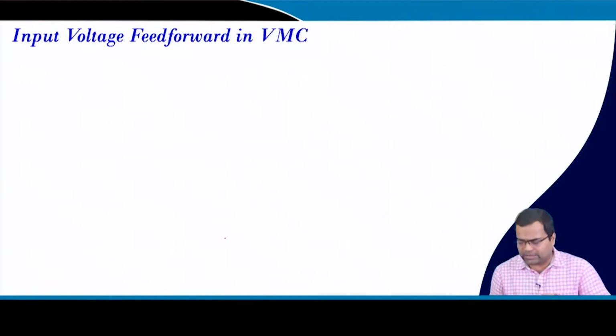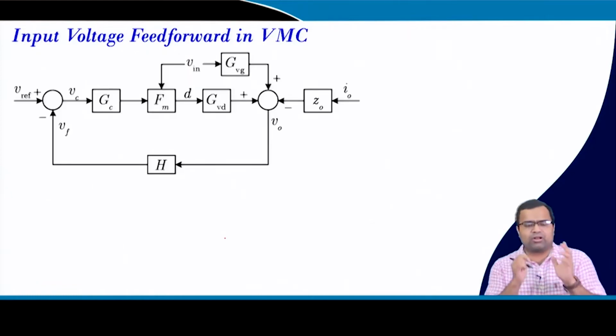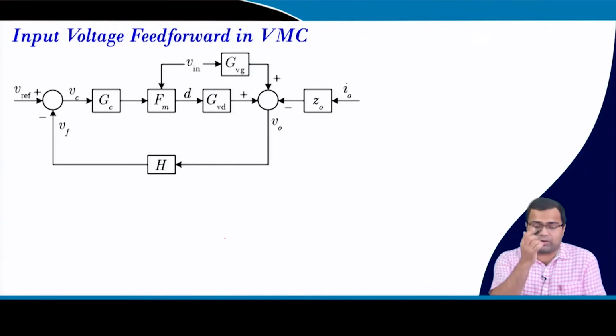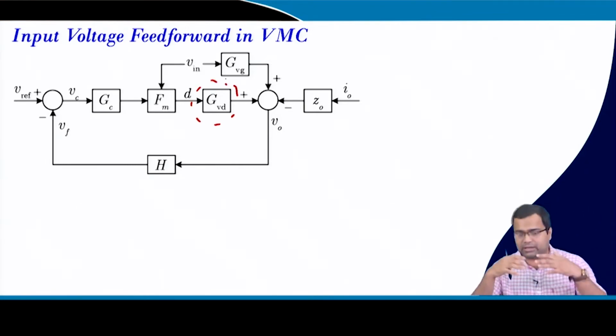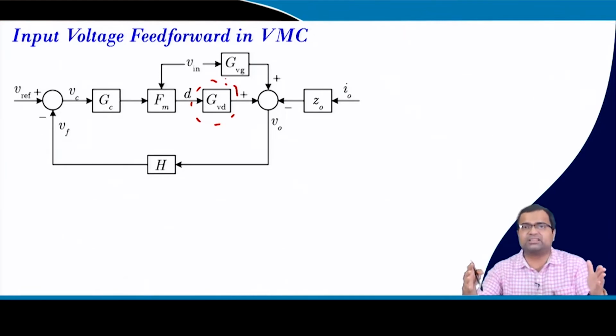So, first input voltage feed forward. We know already about this loop gain, though we are not familiar with this transfer function because we have not covered the small signal model yet, but that will be discussed in the subsequent lecture.